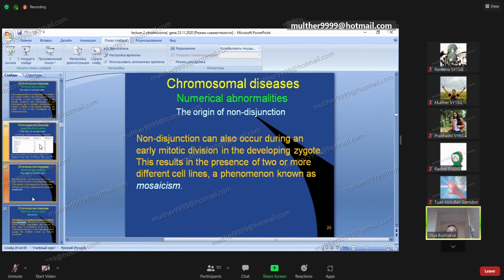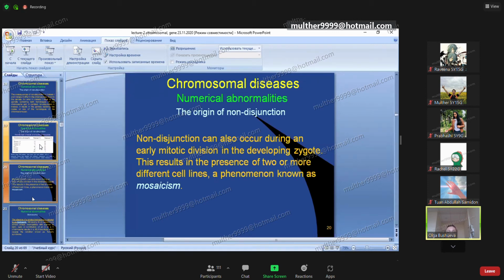Non-disjunction can also occur during early mitotic divisions of the developing zygote. This results in the presence of two or more different cell lines, a phenomenon known as mosaicism. So mosaicism is the presence of two or more cell lines, with normal karyotype and abnormal karyotype.